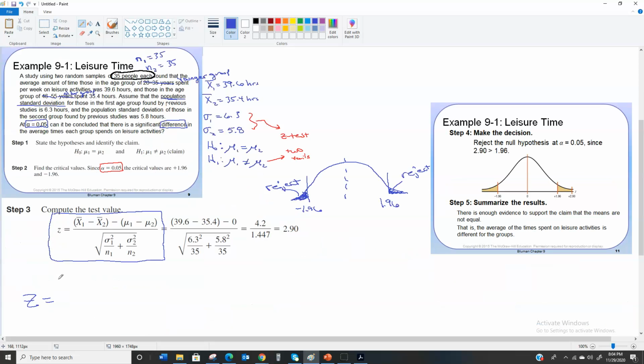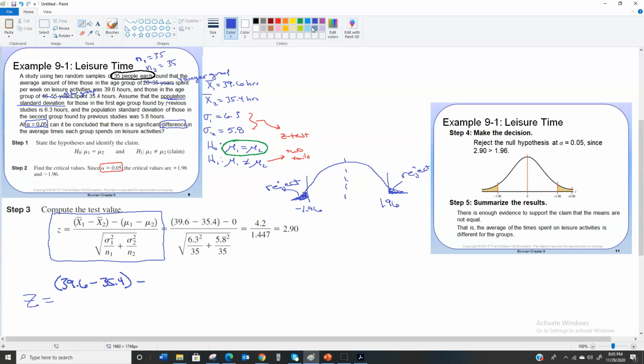So 39.6 minus 35.4. And then we're going to subtract mu1 minus mu2. But remember, our assumption is that mu1 and mu2 are equal to each other. Well, if mu1 and mu2 are equal to each other, it doesn't matter what they are. If I subtract them, it's going to be 0.